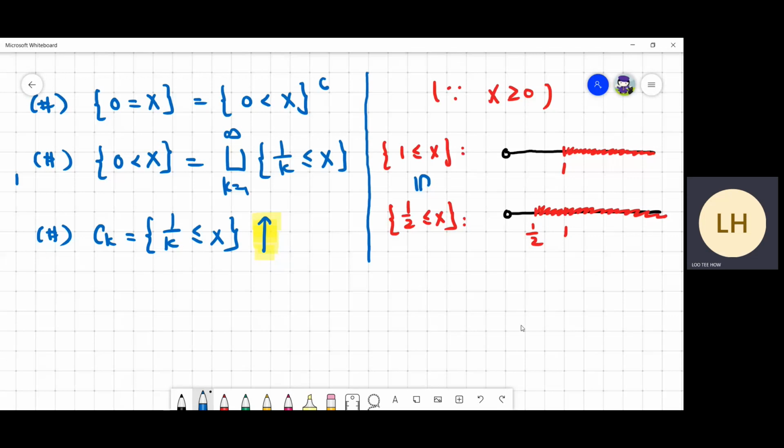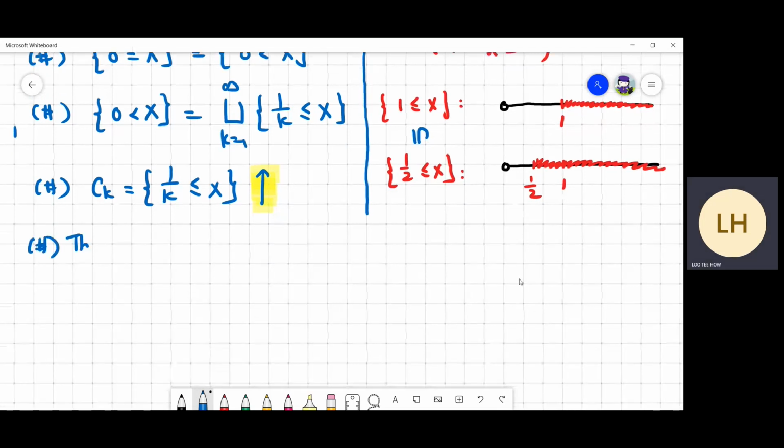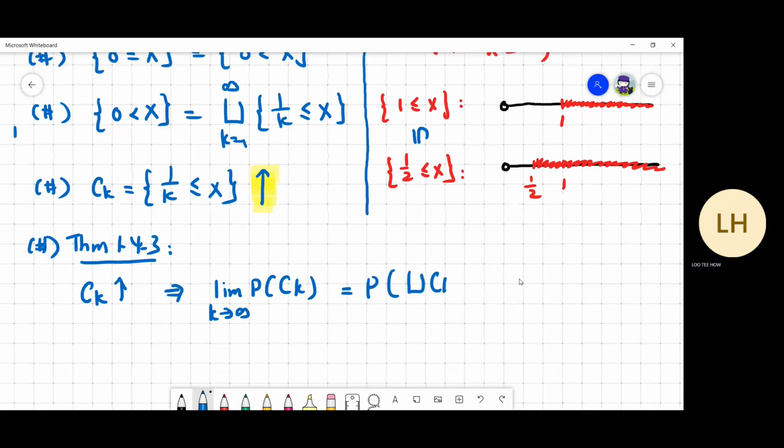Okay, next, we need to recall a general result, theorem 1.4.3. You may refer back to chapter 1. The statement of this theorem is this: if Ck is an increasing sequence of events, then the limit of P of Ck as k approaches infinity is equal to the probability of the union of all the Ck, where k is running from 1 to infinity.